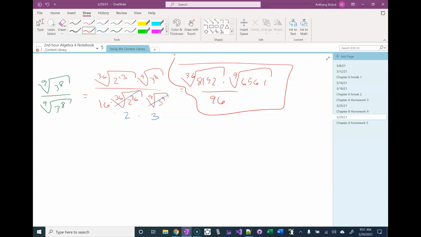Landon. Could we leave it in like 2 to the 13th and 3 to the 8th, or do we have to? Yeah, that would be fine. You can leave it as exponential if you've got it all the way simplified. Now on the homework, homework 5, I multiplied everything out, mostly because it was easier to format clearly what the answer is going to look like without exponents under radicals.